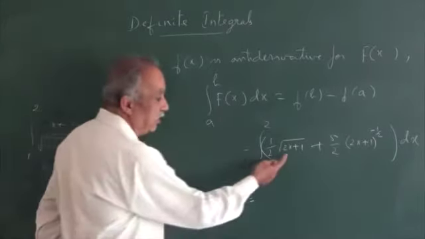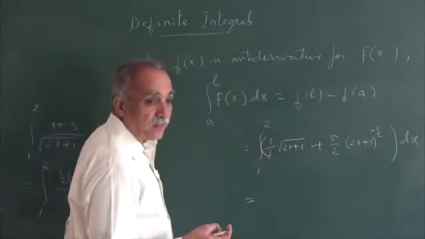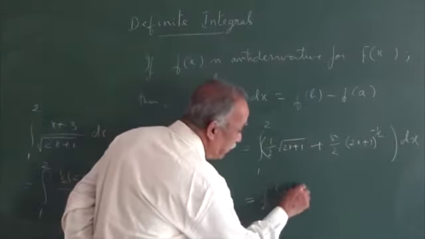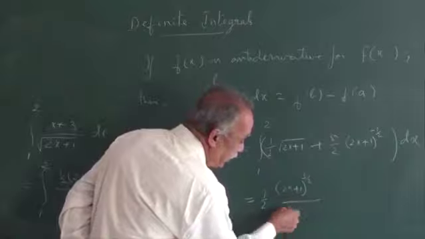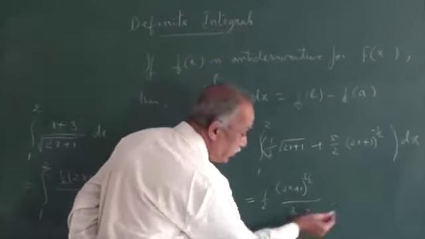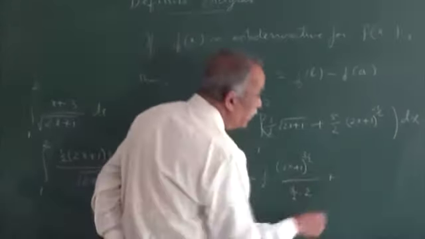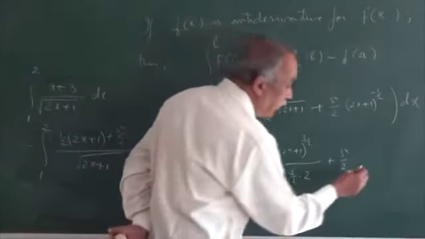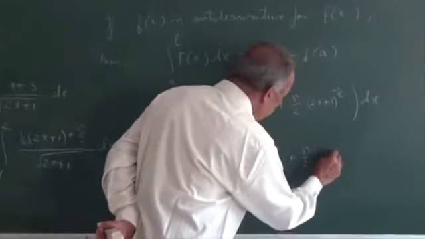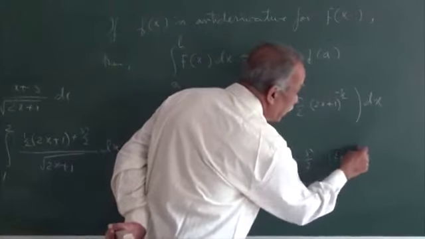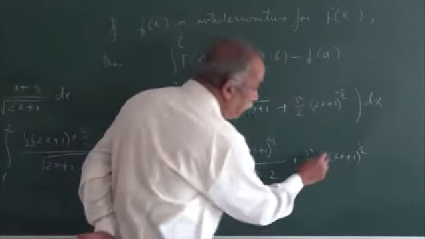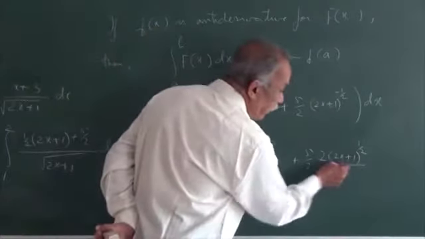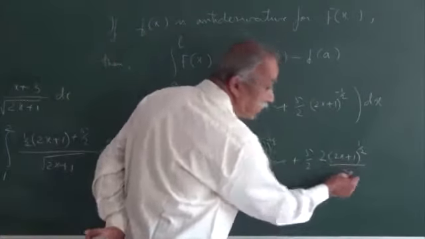Yes. The integral for the first term is half into 2x plus 1 to the power 3 by 2 divided by 3 by 2 into the x coefficient 2, plus, for the second term, 5 by 2 into 2x plus 1 to the power half, that is root of 2x plus 1, divided by half, or equivalently multiplied by 2, divided by the coefficient of x in this expression, 2.